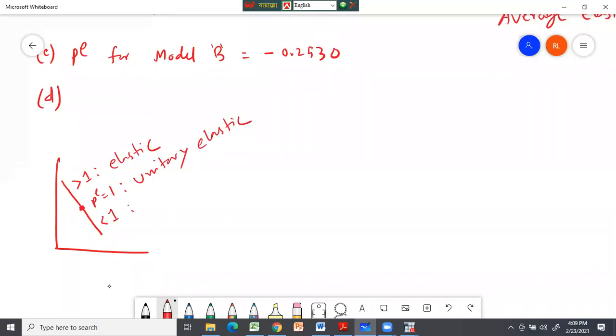When it is less than 1, it is inelastic. So this is the middle point where the equilibrium happens. At the equilibrium point, it is known as unitary elastic. If the value of elasticity is found greater than 1, it is elastic. If it is less than 1, it is inelastic.